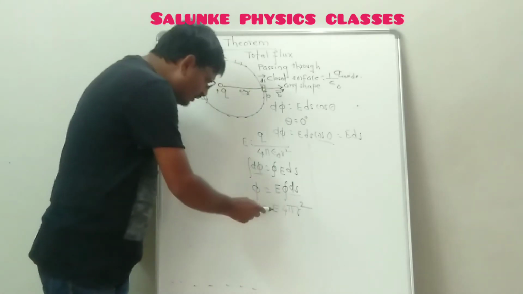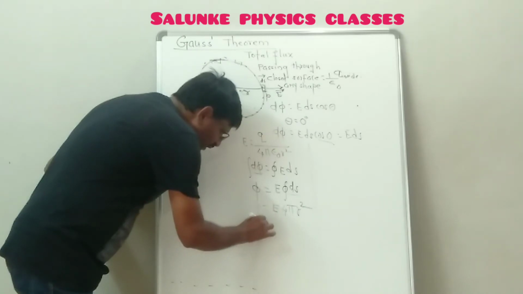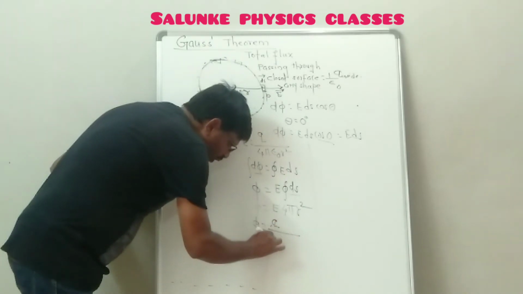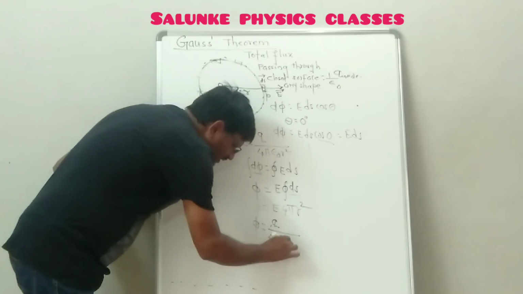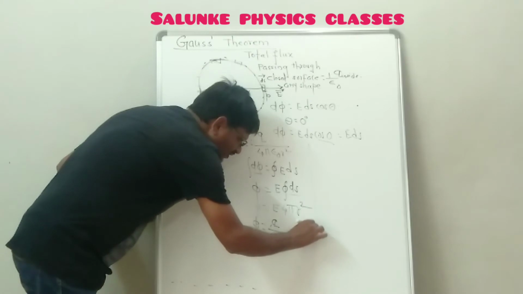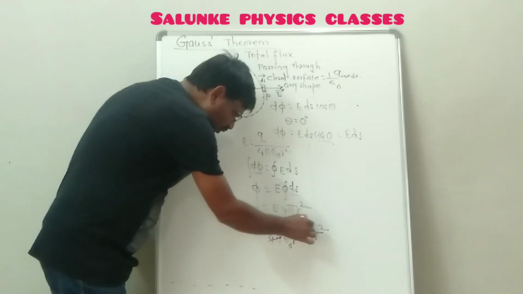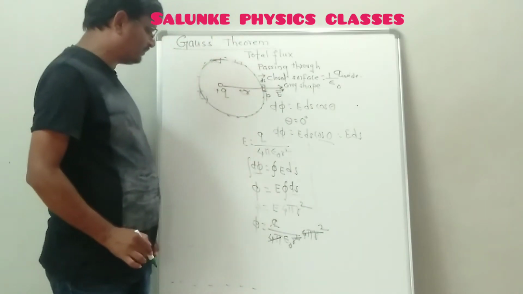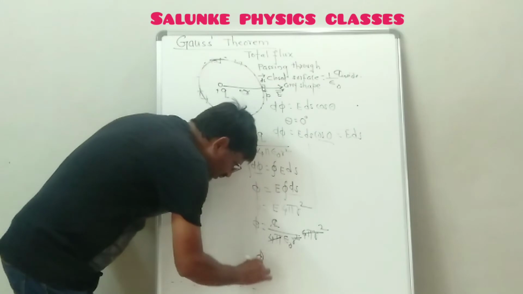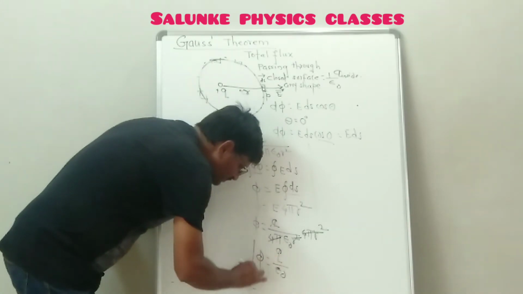Let me put the value of capital E. We get phi is equal to Q upon 4 pi epsilon naught r square into 4 pi r square. 4 pi r square, 4 pi r square get lost. What remains? Phi is equal to Q upon epsilon naught.